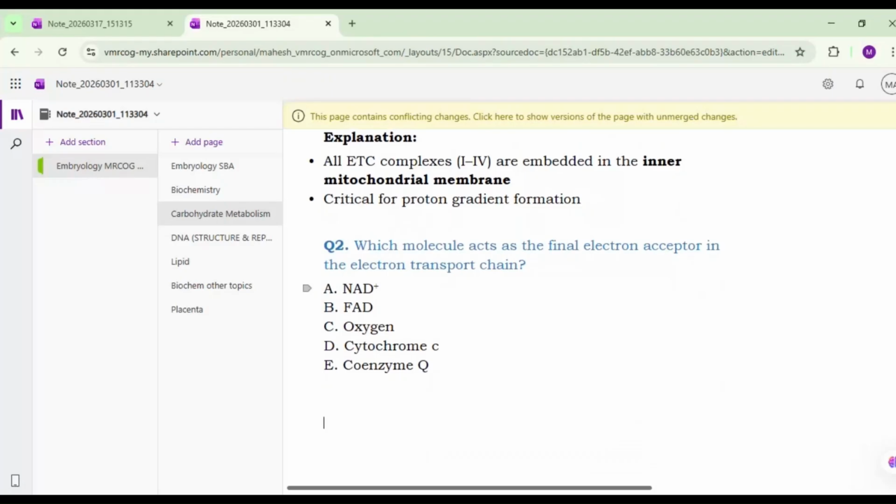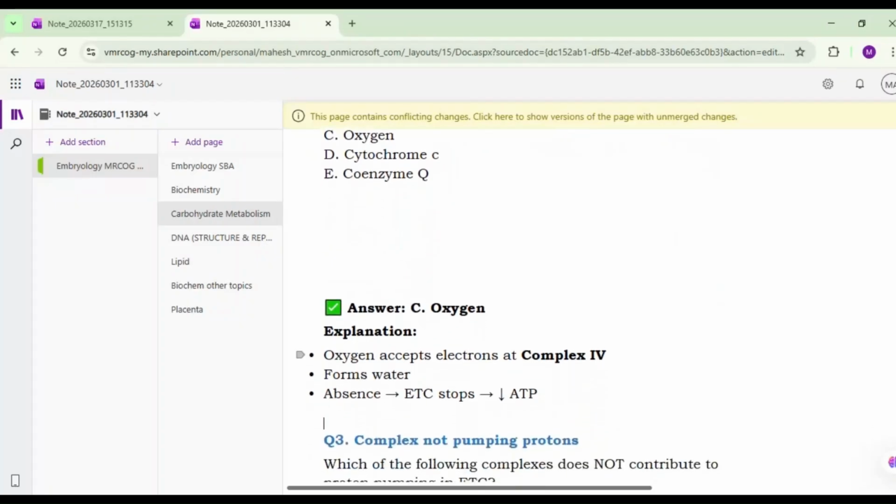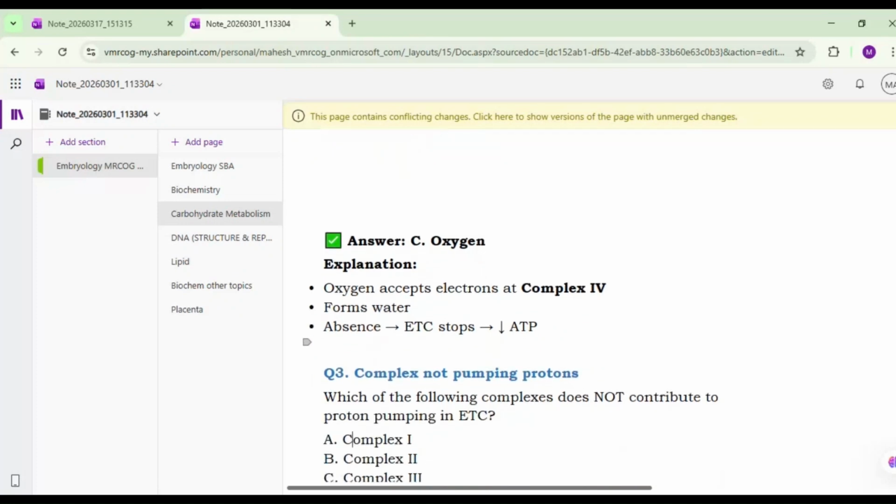Next. Which molecule acts as the final electron acceptor in the electron transport chain? Oxygen, option C. Oxygen accepts the electrons at complex 4, forms water, and if it is absent, the ETC will stop and there will not be production of ATP.